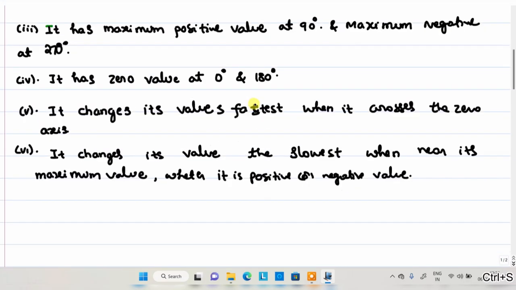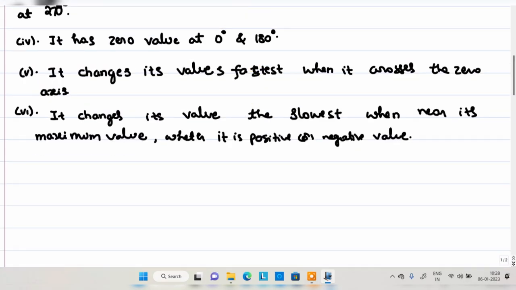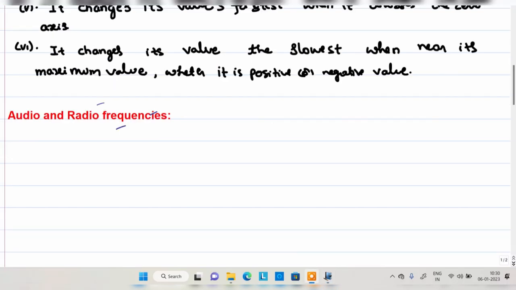Then we are moving to the next topic, audio and radio frequencies. In audio and radio frequencies, the frequencies range from 1 Hz to several megahertz, for example.